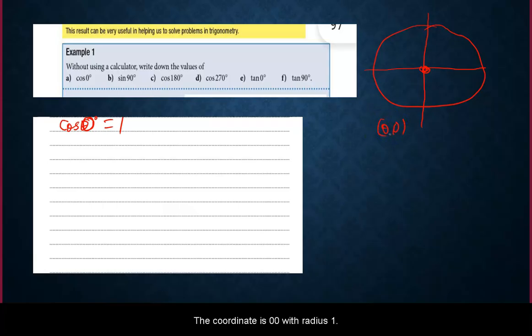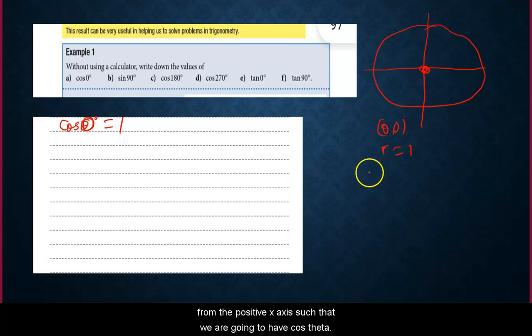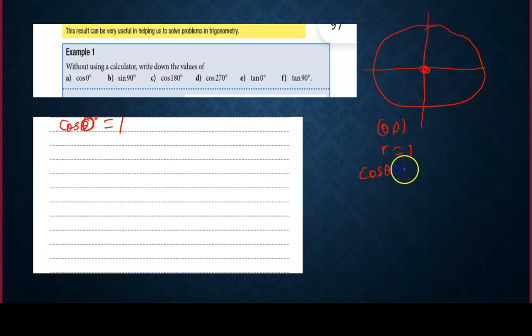The coordinate is 0, 0 with radius 1. It is a unit circle, so r is equal to 1. The coordinate of a point on the unit circle at an angle theta, measured in the counterclockwise direction from the positive x-axis, is going to be cos theta, sin theta.